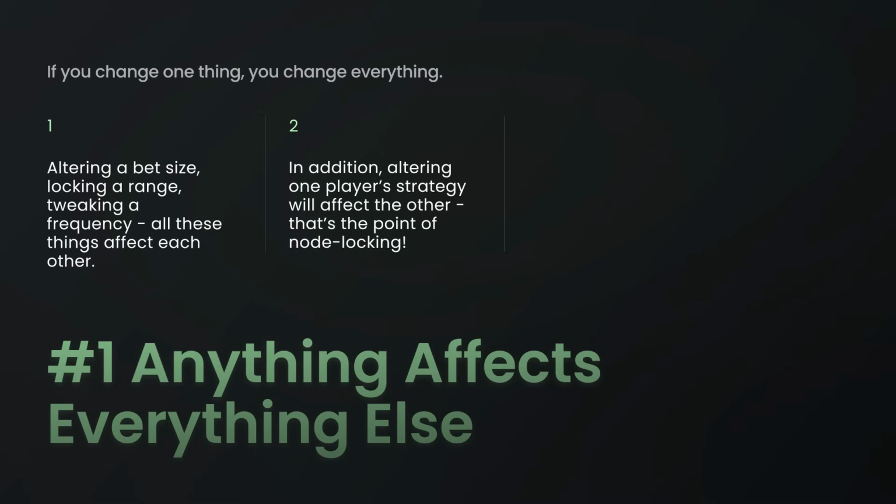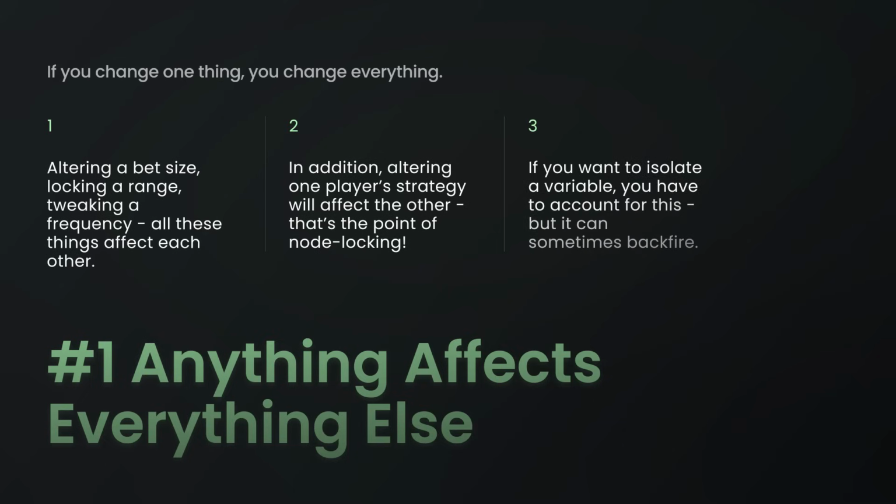We're trying to see what impact it has when we change one strategy and see how the other one alters to counter it. If we want to isolate a specific variable, we have to account for the fact that everything depends on everything else. But this can sometimes backfire.